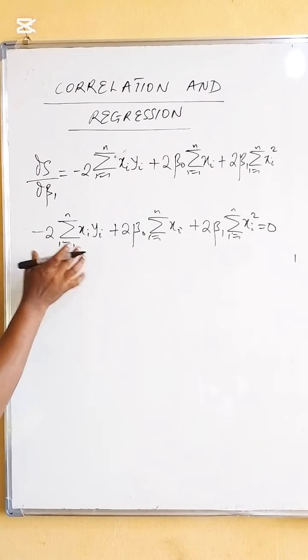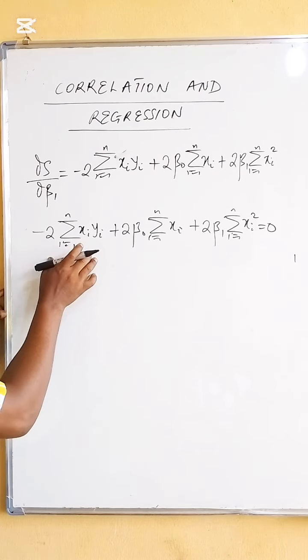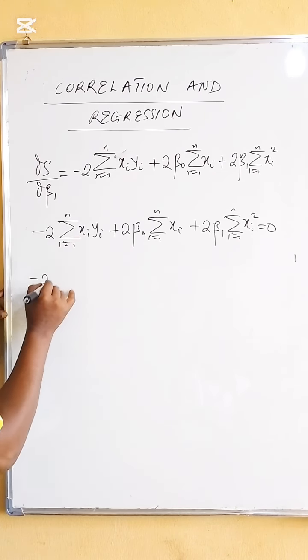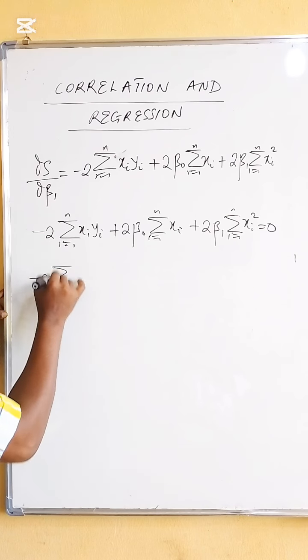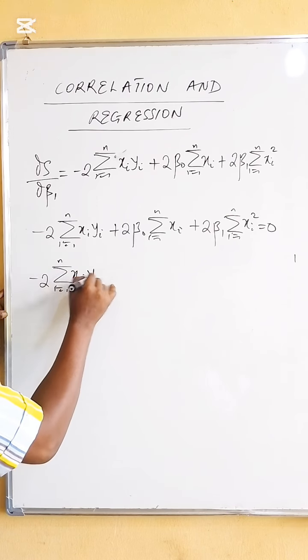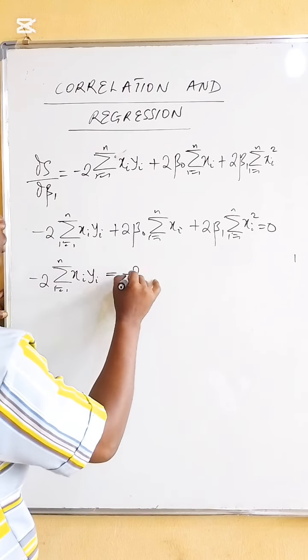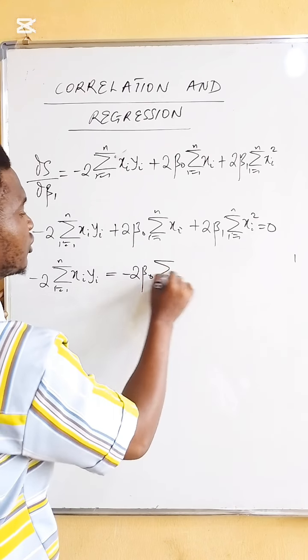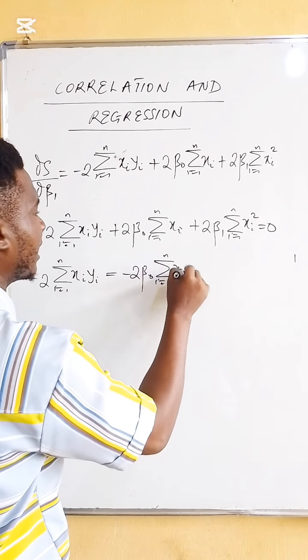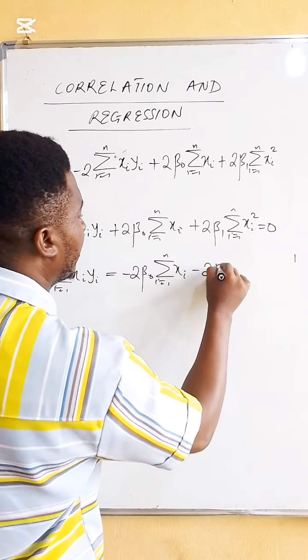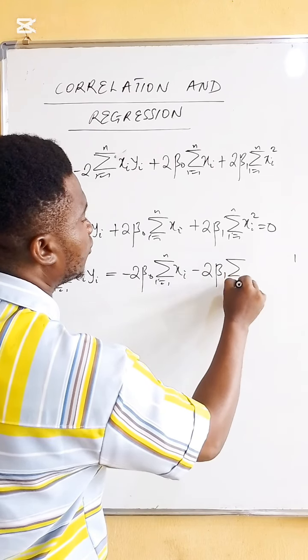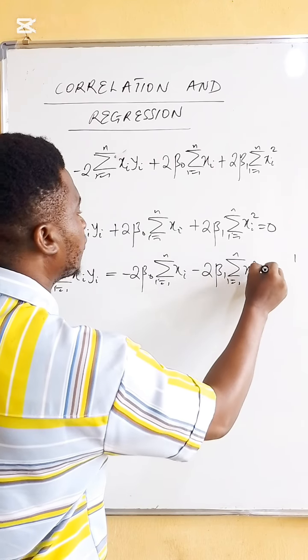So if you make the term that contains y the subject of formula, you are going to end up having minus 2 summation from i equals 1 to n xi yi equals minus 2 beta naught summation i equals 1 to n xi minus 2 beta 1 summation i equals 1 to n xi all squared.